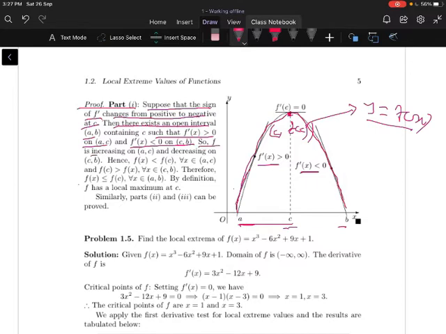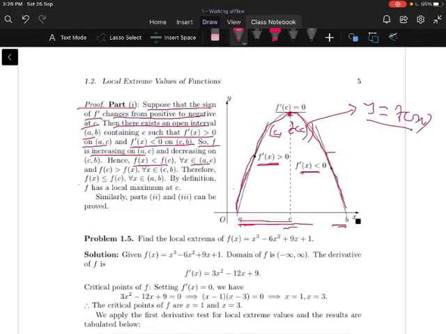Therefore, you can say that f is increasing for the interval a comma c because f dash of x is positive and the function f is decreasing for the interval c comma b because f dash of x is negative. Hence, we can write f of x less than f of c for all x belonging to the open interval a comma c.